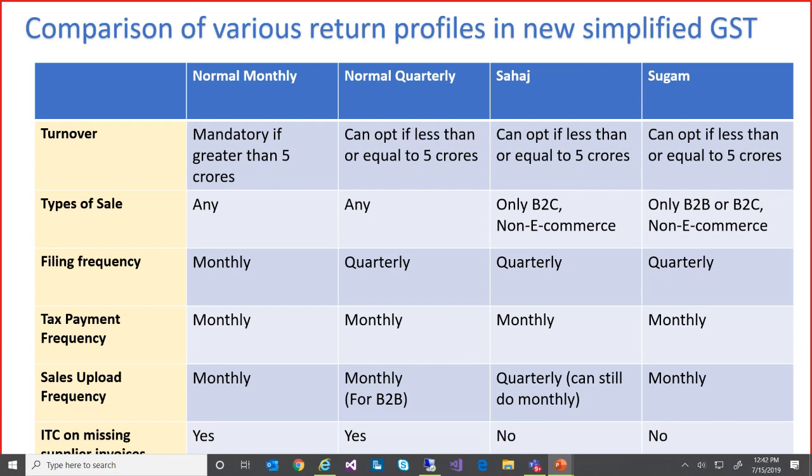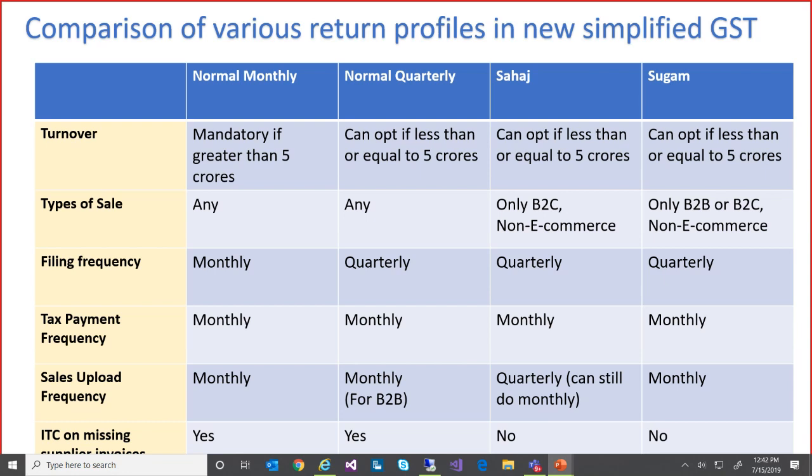The payment frequency will be monthly. Whatever mechanism you follow, you have to make payment to the government on a self-declaration, self-assessment basis. Then return upload will be monthly for B2B.